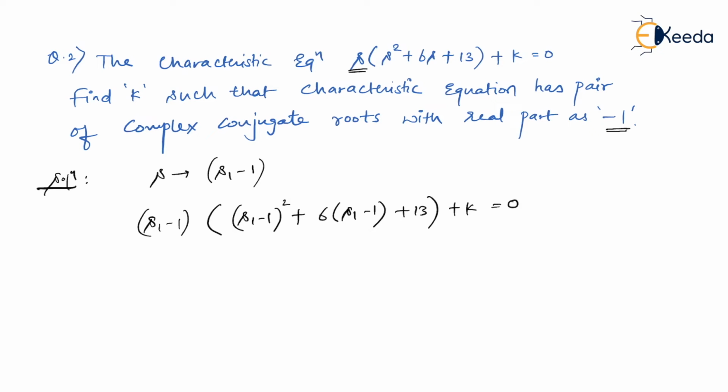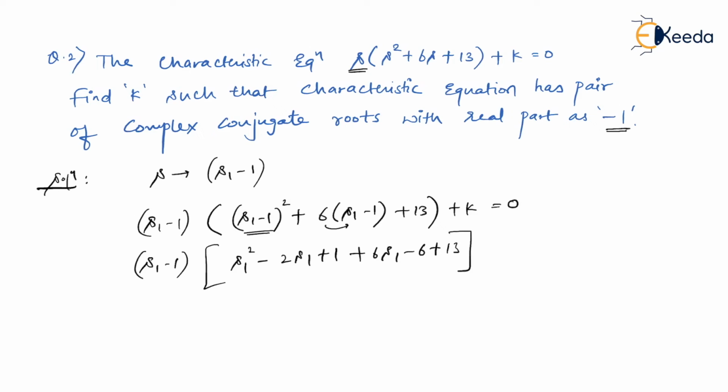So even though it appears to be quite tedious, just be patient and see this s1 minus 1 as it is. What I'll do, I'll just solve this, okay? So it is s1 square minus twice of s1 plus 1. Let us take this 6 inside. It becomes 6s1 minus 6 plus 13 plus k, and this is equal to 0.